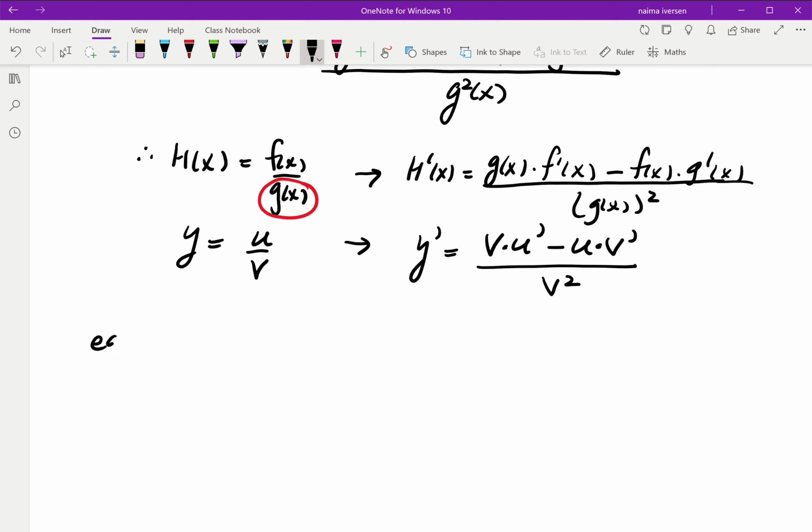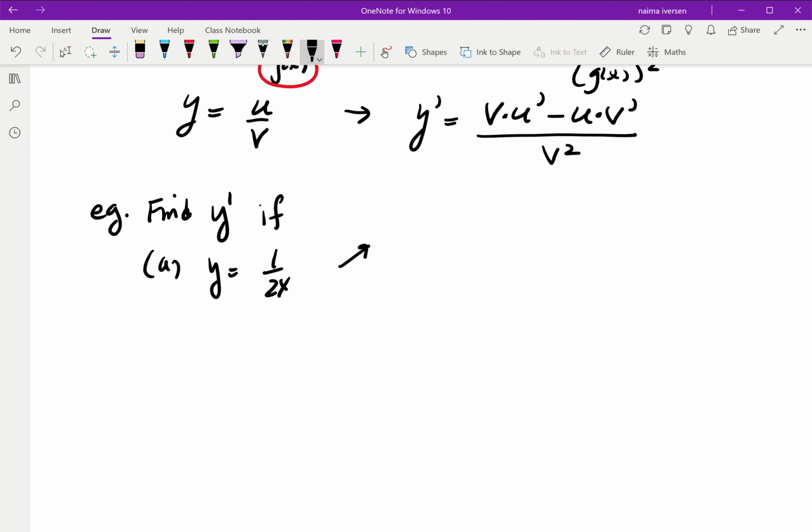So let me give you an example. We are going to find y prime if y is equal to, let's do two of them. So if y is equal to 1 over 2x. For this one, you actually have a choice. You could use the power rule.